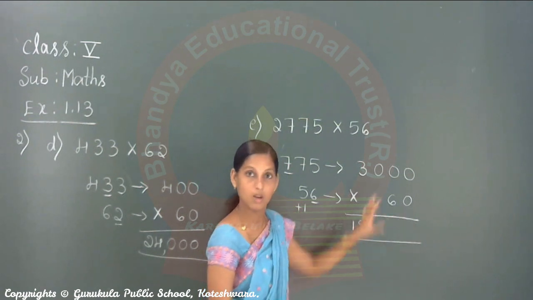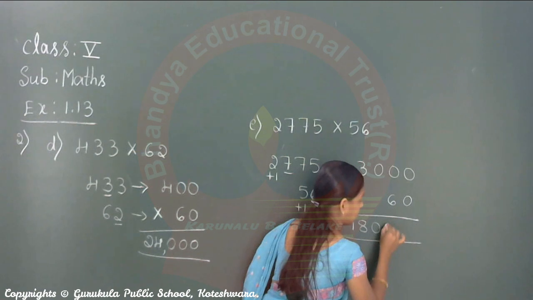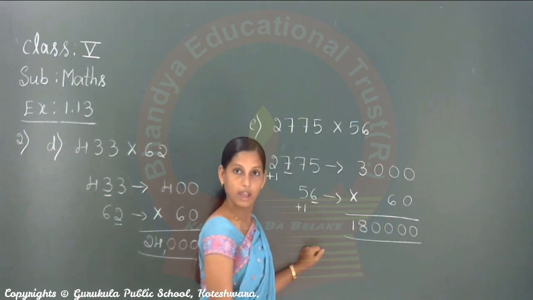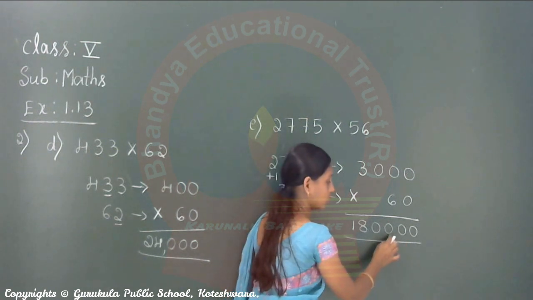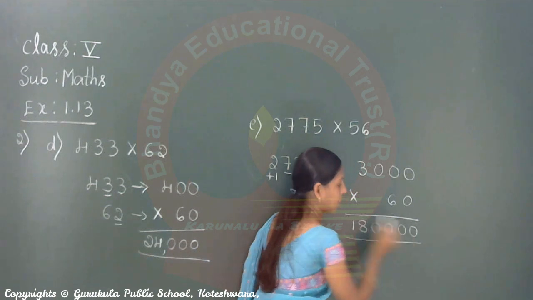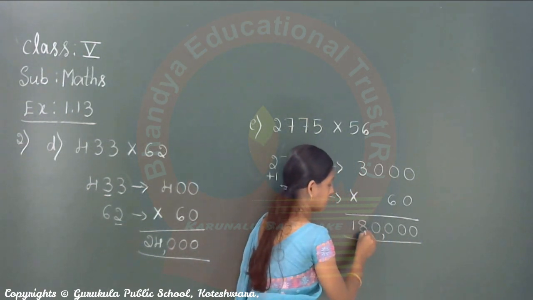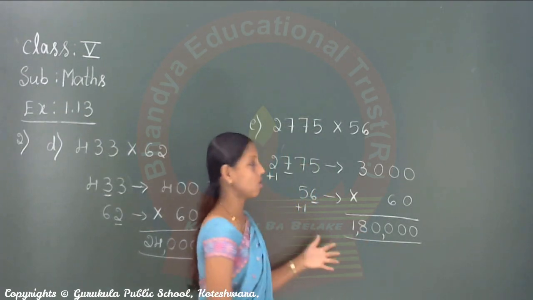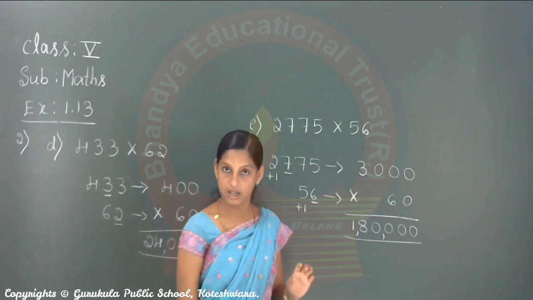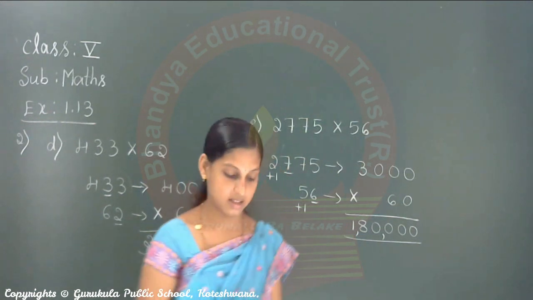Put 4 zeros. So you have to write it and then put the comma: ones, tens, hundred, comma, thousand, ten thousand. So it is 1,80,000. This is your estimated answer.